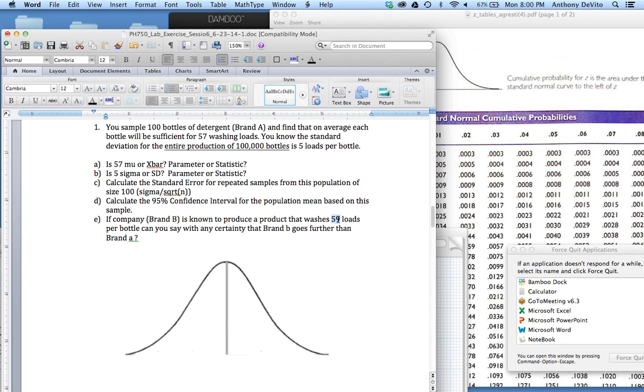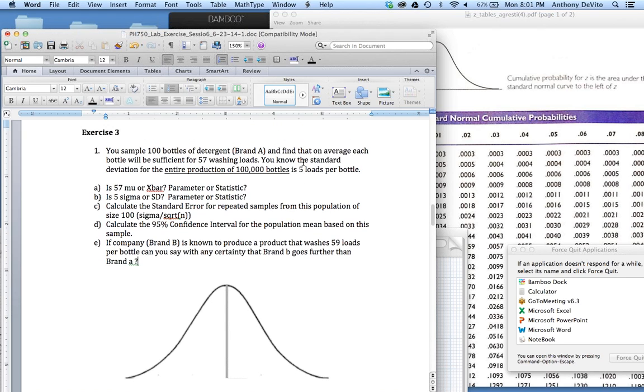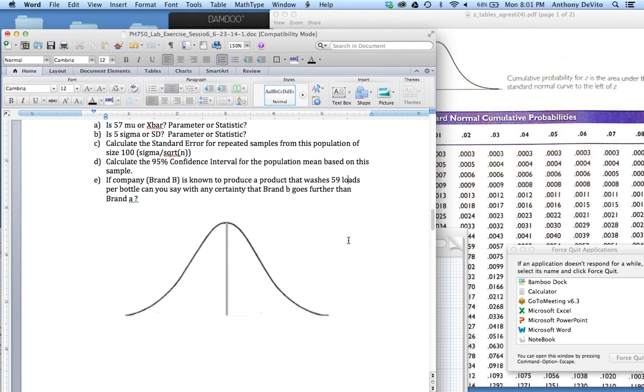Since 59 is outside of the confidence interval for A, I'm 95% sure that brand B will actually do more loads than brand A. There is a 5% chance I'm wrong, and that brand A could do 59, but based on our calculations, I can reject the idea that they're the same.